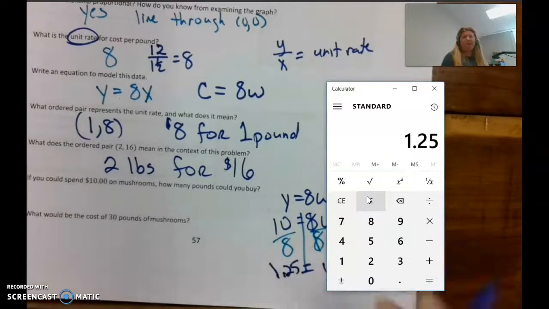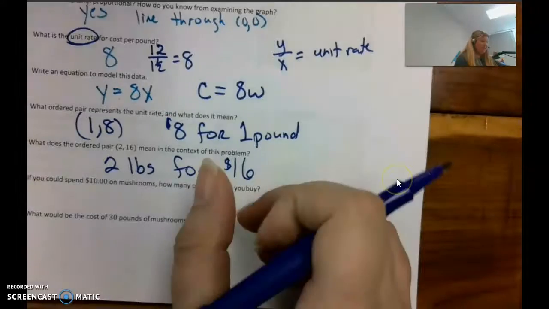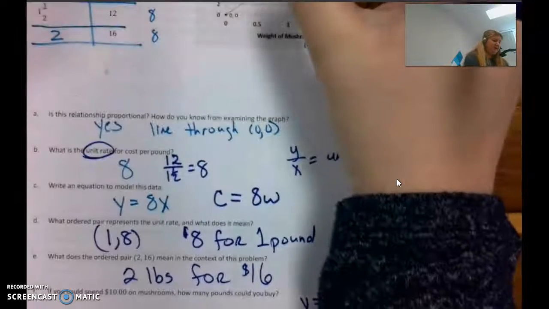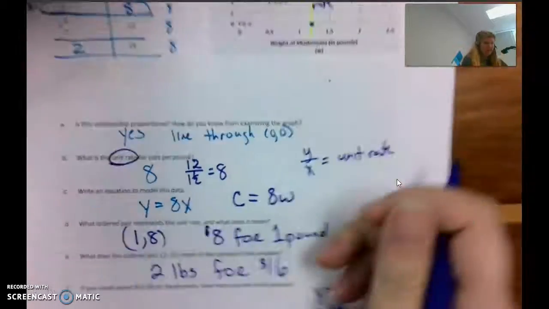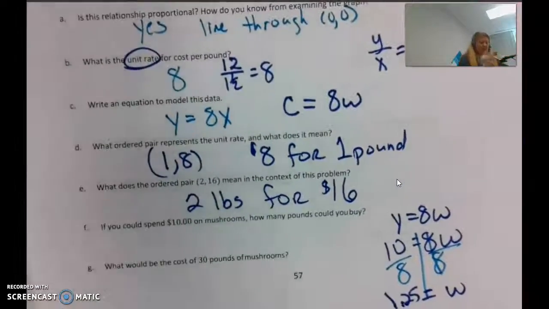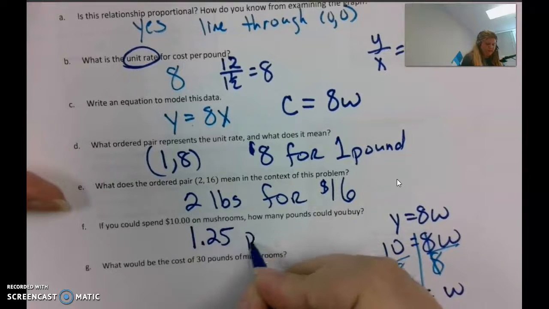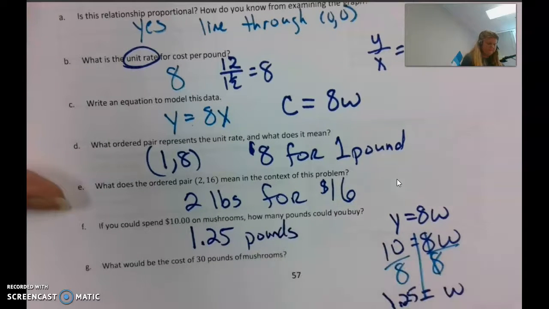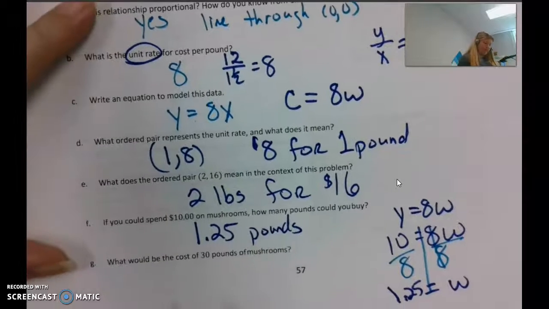Now, I'll tell you what, that was good that it worked out that way, but most of the time you can't really tell just by marking. You would have to actually do the math. Okay, so 1.25 pounds.